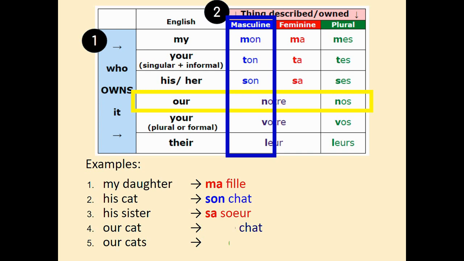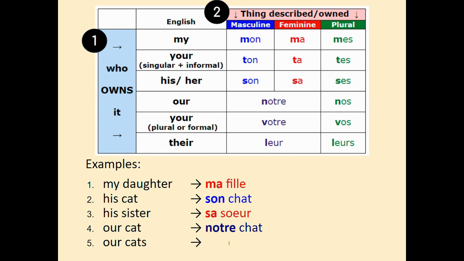Now here, in that table, masculine and feminine are actually the same. So I could have gone a little bit faster and decided, well, there's not many of them. It's not plural, so it's going to be notre. But it is good to just do step number 1 and step number 2 so that you really get used to use that table. Notre chat, our cat.